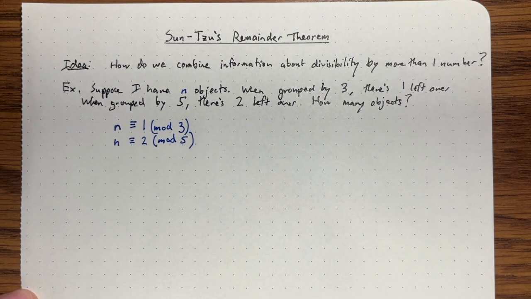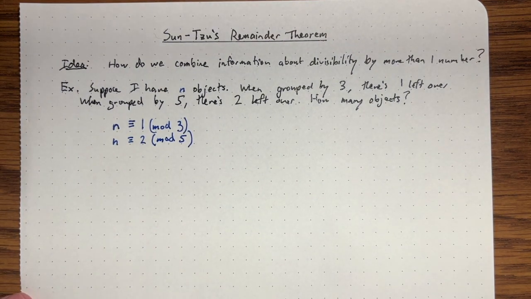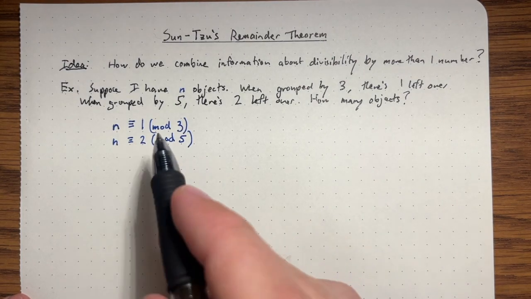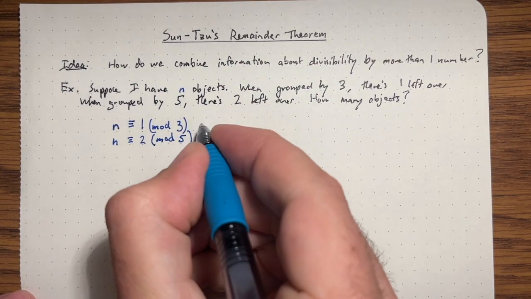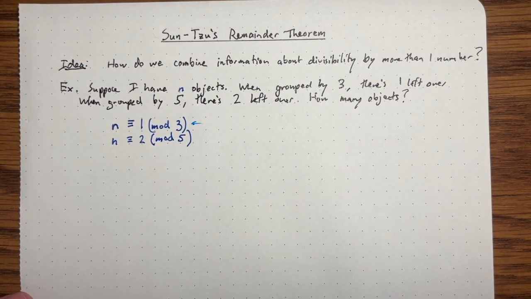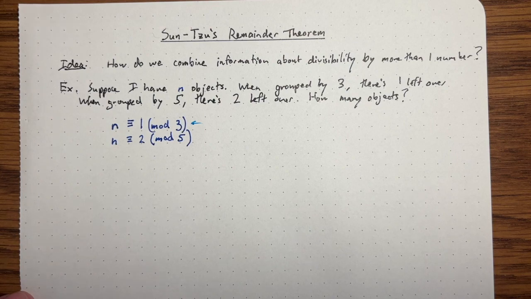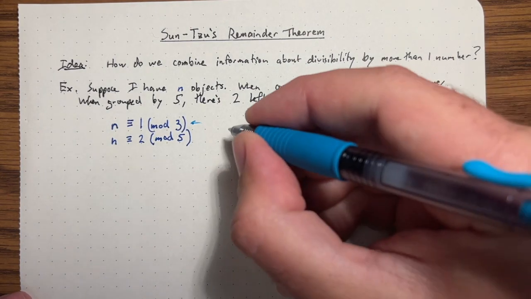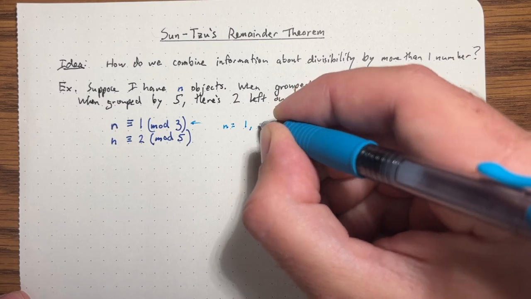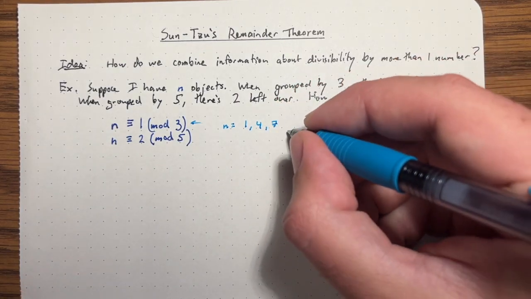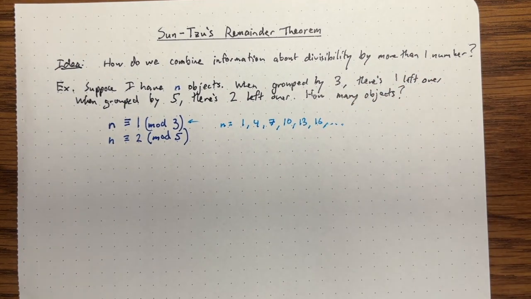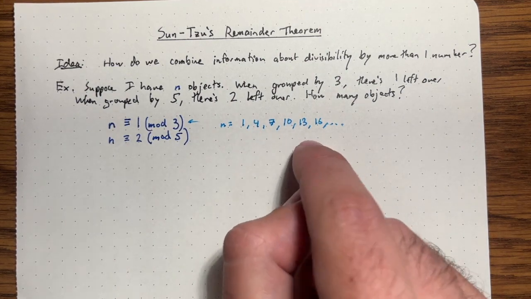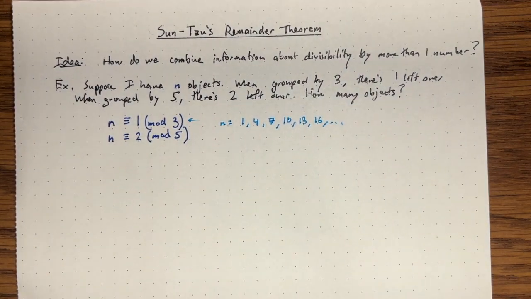How would we solve this problem? Well, one approach is to take this information one at a time. So let's look at this one first. So if n is congruent to 1 mod 3, well, that means n is of the form 3k plus 1. So n could be 1, it could be 4, it could be 7. See, I'm just adding multiples of 3, etc. And then what we could do is we could just check each of these one at a time to see which one is congruent to 2 mod 5.